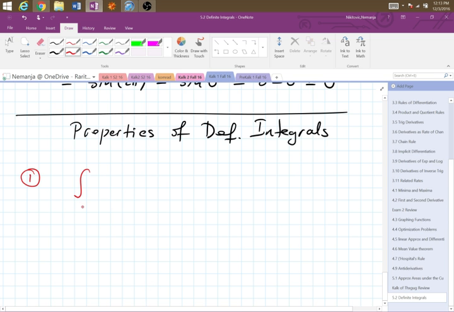So integral from a to b of f of x dx is negative integral b to a f of x dx. So if you put the bottom limit up and from up below, you put the minus sign in front.